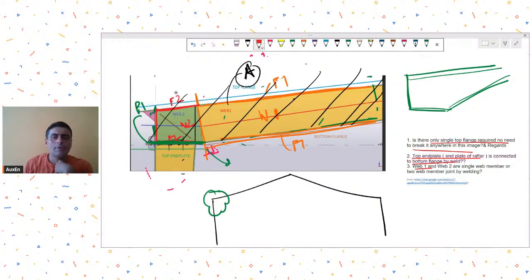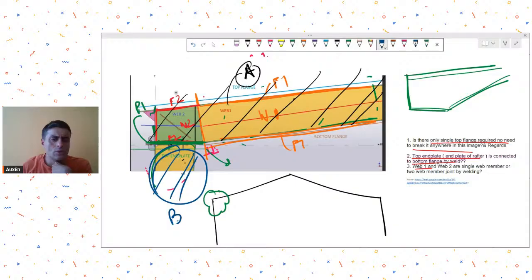Now you have another piece B, which is this piece of column. It will have its own flanges, webs, whatever, and it will have another plate P2 welded at its end. And then you bring these two pieces A and B on site and connect them through bolting. So this is one of the options possible.